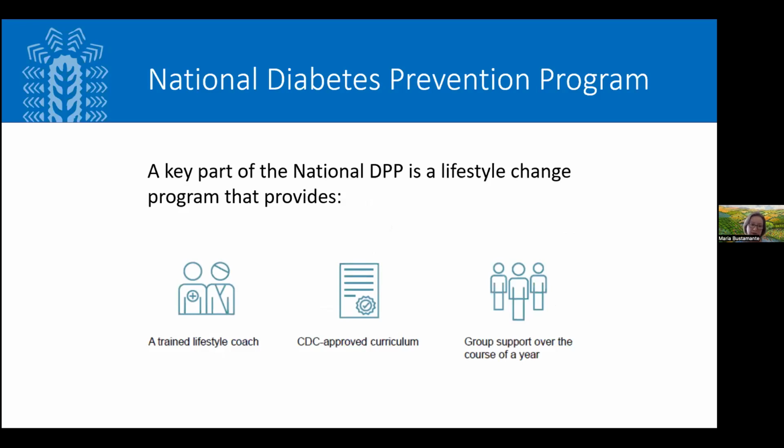A key part of the National Diabetes Prevention Program is the Lifestyle Change Program. As I said, it's based on trained lifestyle coaches. It has an approved curriculum, which is evidence-based, right? And we use group support to deliver it and to get that peer interaction over a course of a year. So it is a year-long program. That is something to consider.